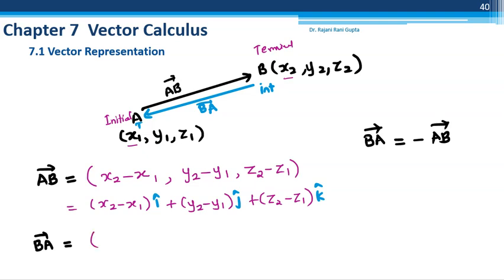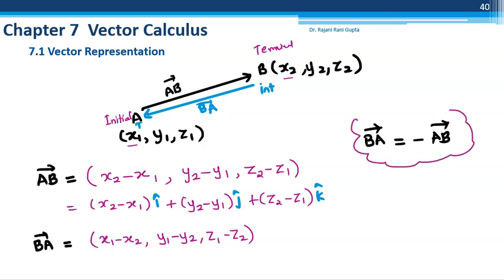You will be finding x1 minus x2, y1 minus y2, and z1 minus z2, correct? Because we always start with the end point, terminal point, okay? So with this, we can say that the magnitude remains same, but only the direction change, okay?